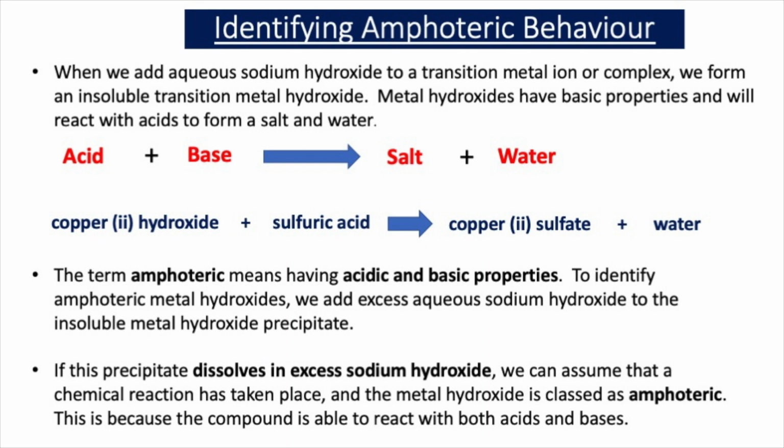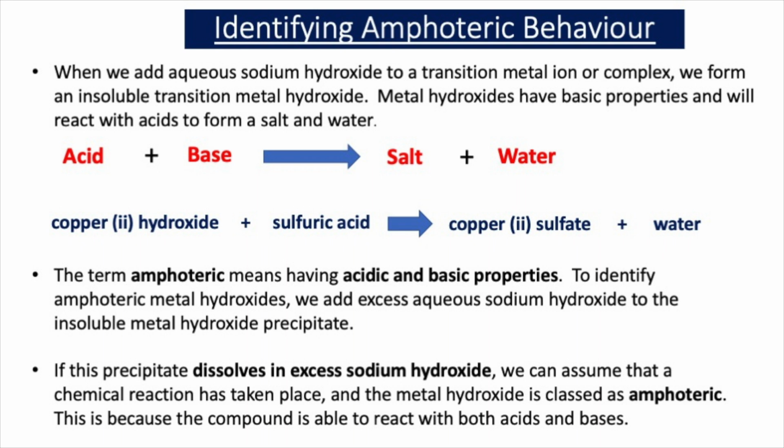Now, to identify amphoteric metal hydroxides, all we have to do is add excess aqueous sodium hydroxide to the insoluble metal hydroxide precipitate. And if this precipitate dissolves in excess sodium hydroxide, we can assume that a chemical reaction has taken place, and the metal hydroxide is therefore classed as amphoteric.